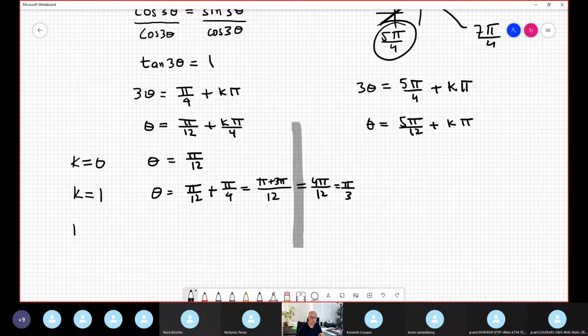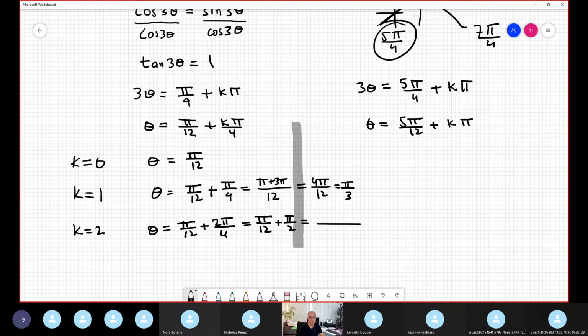And finally, k equals 2, theta is equal to pi over 12 plus 2 pi over 4. So pi over 12 plus pi over 2.